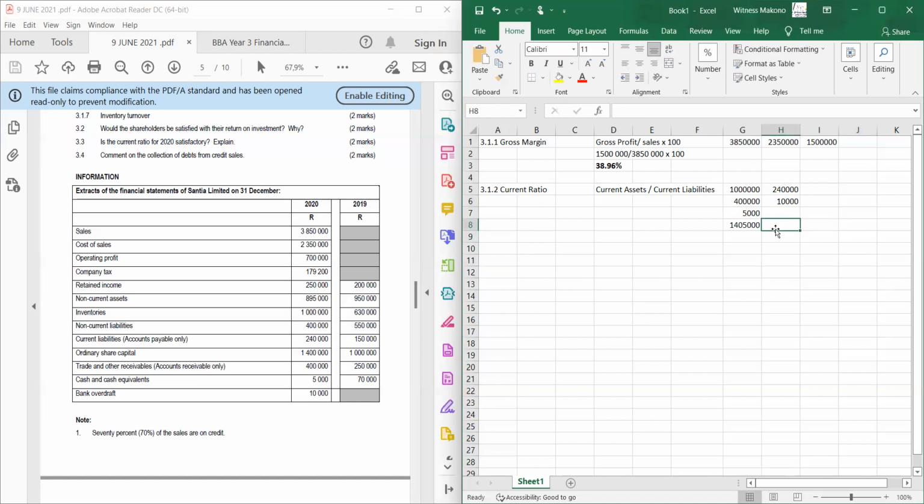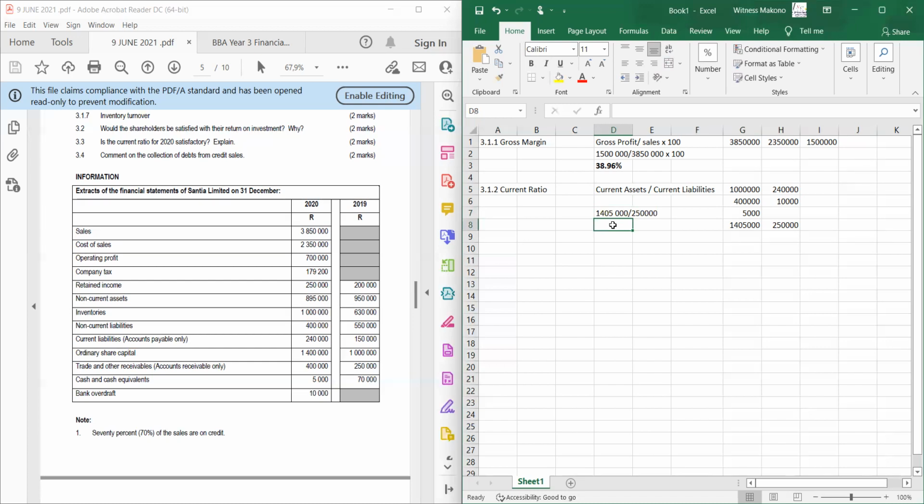So the total equals this plus that. So according to this formula, you say 1,405,000 divided by 250,000. What do you get?